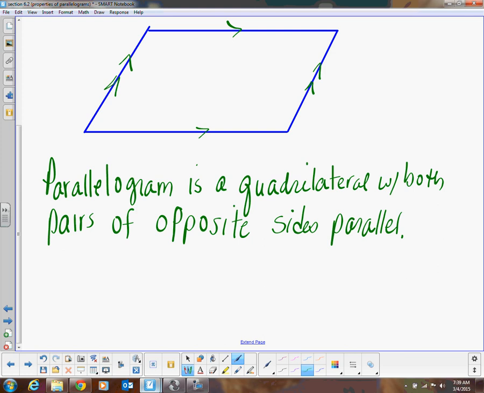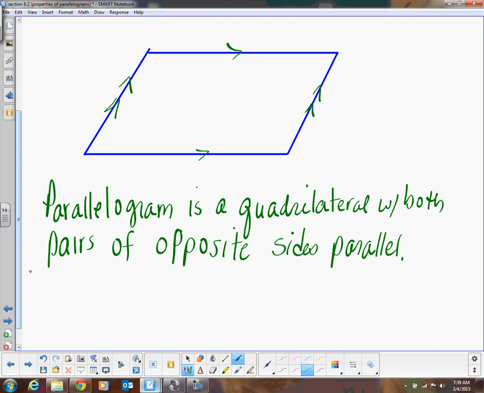A parallelogram is a quadrilateral with both pairs of opposite sides parallel. Any questions there? Quadrilateral means 4-sided figure, both pairs of opposite sides parallel.